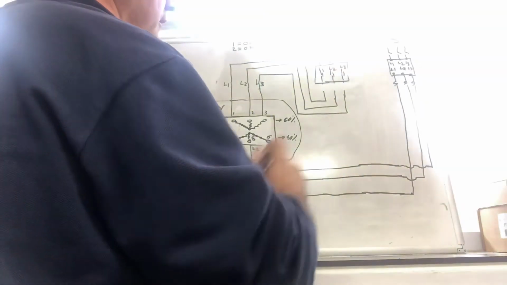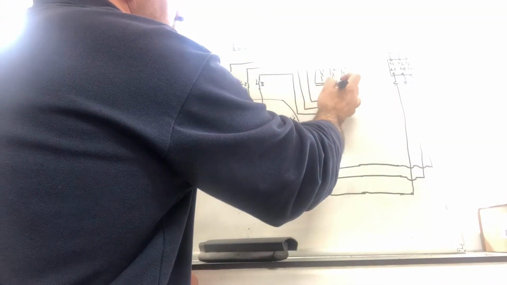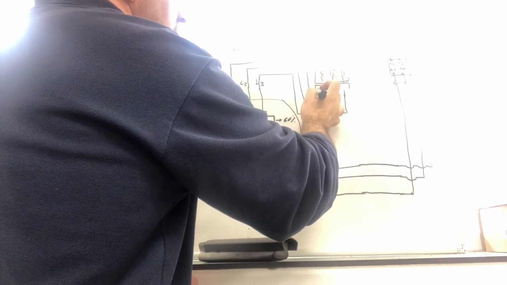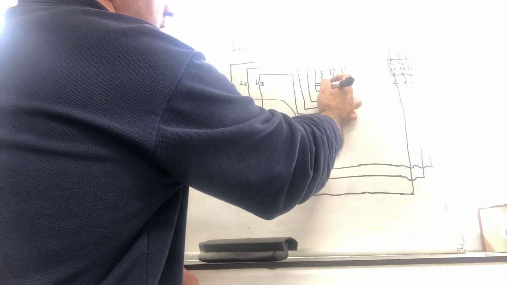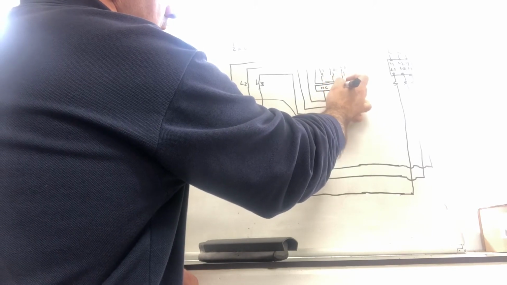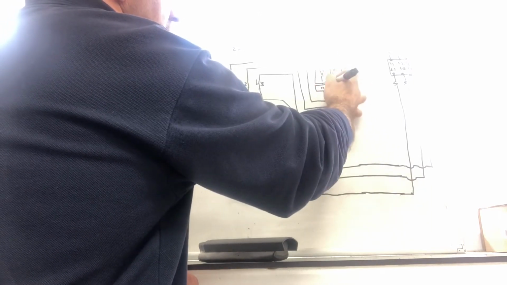Let's draw an overload a little bit better. If you have an overload here, inside you have all those gadgets. You have normal close, normal open here, and normal close.